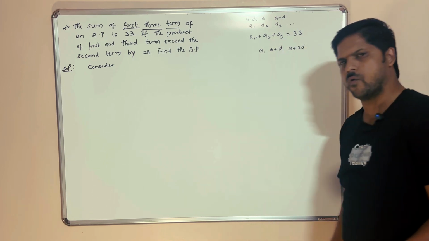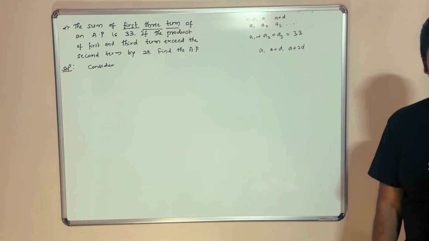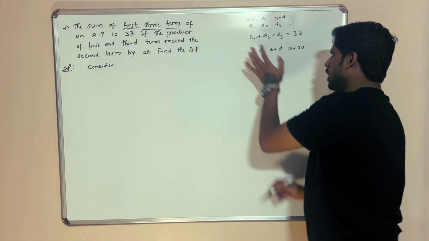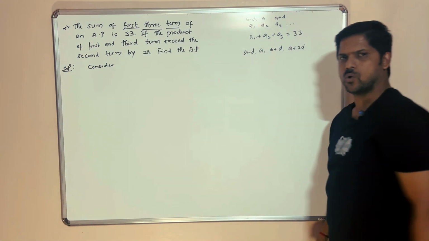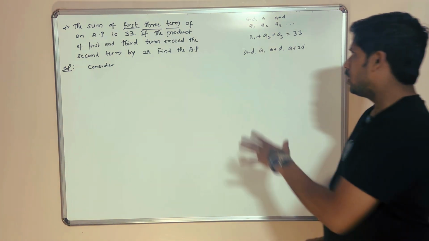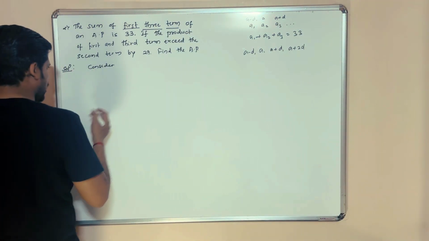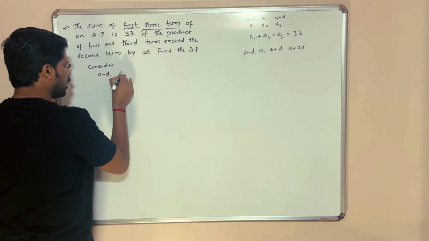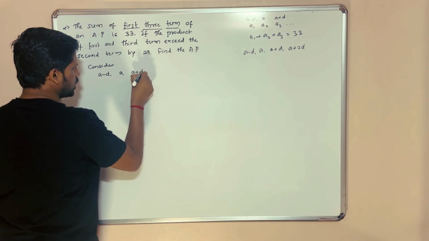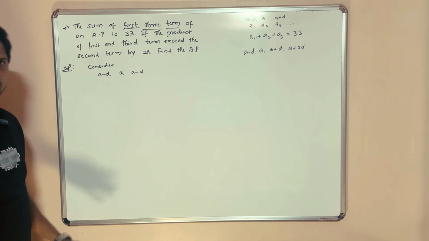These are also terms of an AP. Before this one we have A minus D, A minus 2D and so on, right? So here I will consider first 3 terms A minus D, A and A plus D are first 3 terms of the given AP.